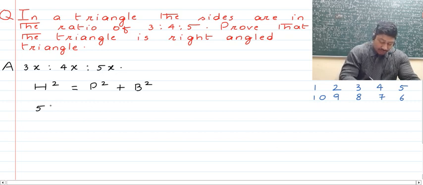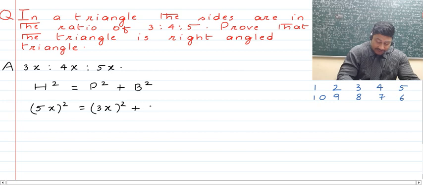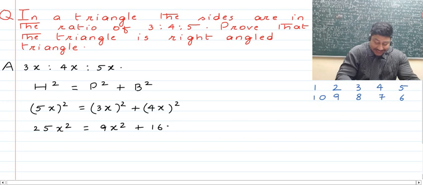So as such, here we will write 5x whole square, which should be equal to 3x whole square plus 4x whole square. Now if we try to solve this, this is going to become equal to 25x square, which will become equal to 9x square plus 16x square.